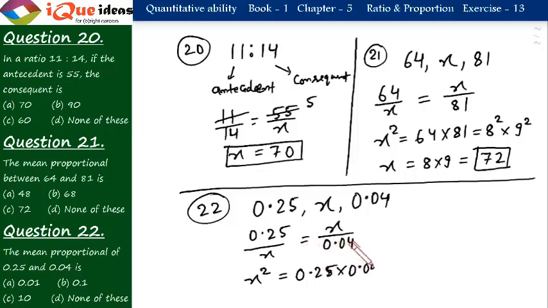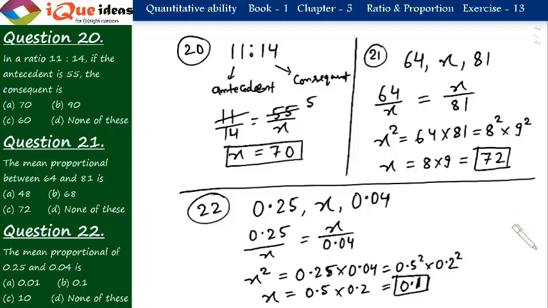You do not need to multiply, because 0.25 is 0.5 square, and 0.04 is 0.2 square. If you remove the square, you will get x is equal to 0.5 into 0.2, which is equal to 0.1. So the answer of this question is 0.1.